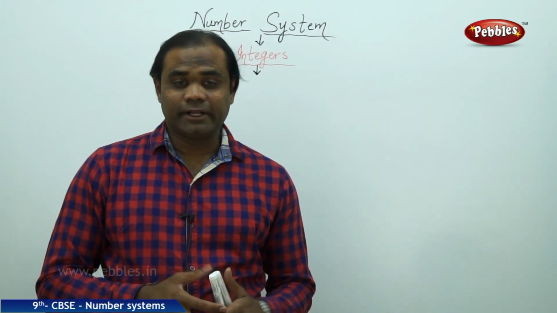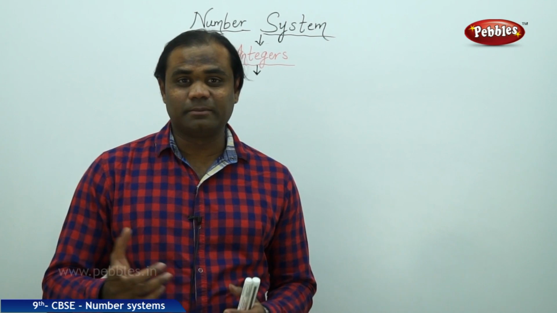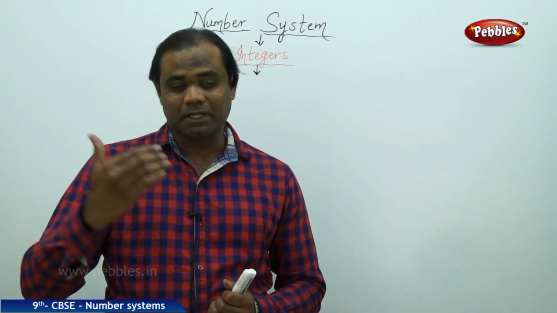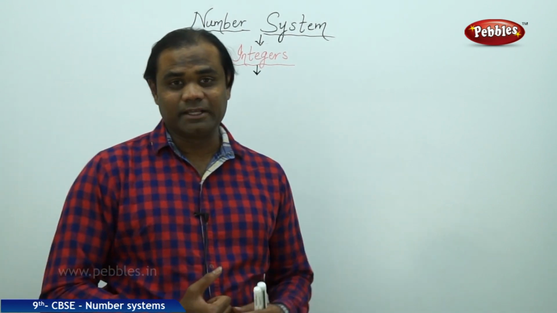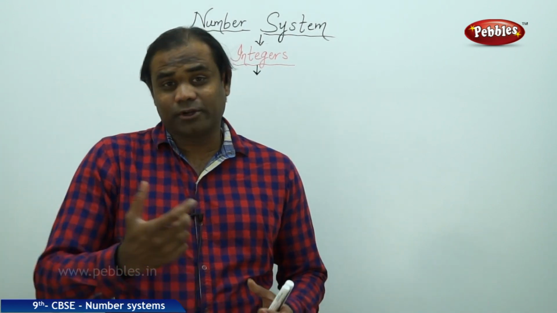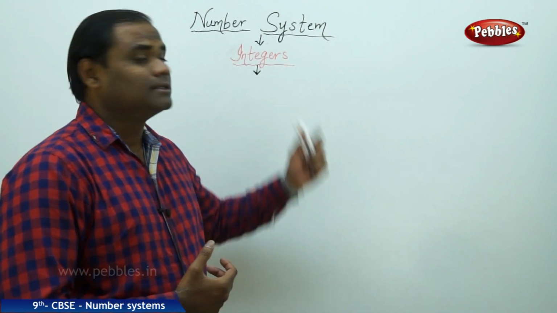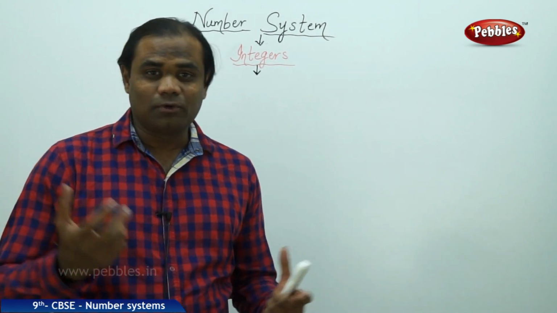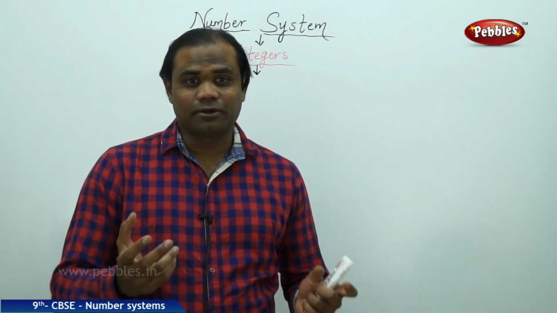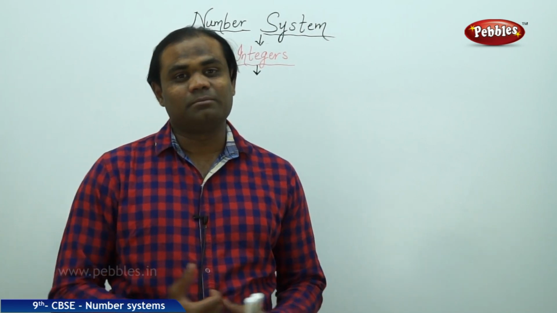Integers. The next set of numbers in the field of mathematics after the natural numbers and the whole numbers is integers. And this plays one of the most important roles in the number system. So let's see what integers or the set of integers are in the field of mathematics.